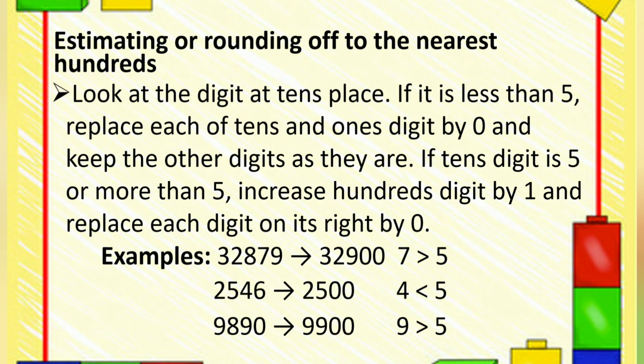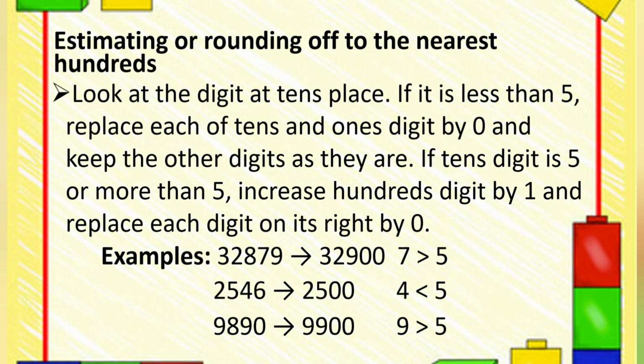32,879. Now children, you can see tens digit we are having 7. 7 is greater than 5. So you have to add 1 in hundreds place. And in tens and ones digit you have to put 0. So the answer is going to be 32,900. Next, 2546.